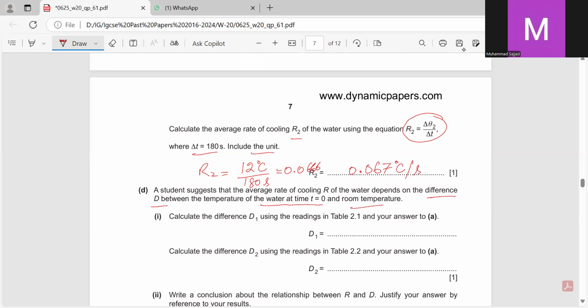So calculate the difference D1 using the readings in table 2.1 and your answer to A. The answer to A is the room temperature, which was 21 degrees Celsius. So D1 is 85 minus 21, that is equal to 64. So it is 64 degrees Celsius.